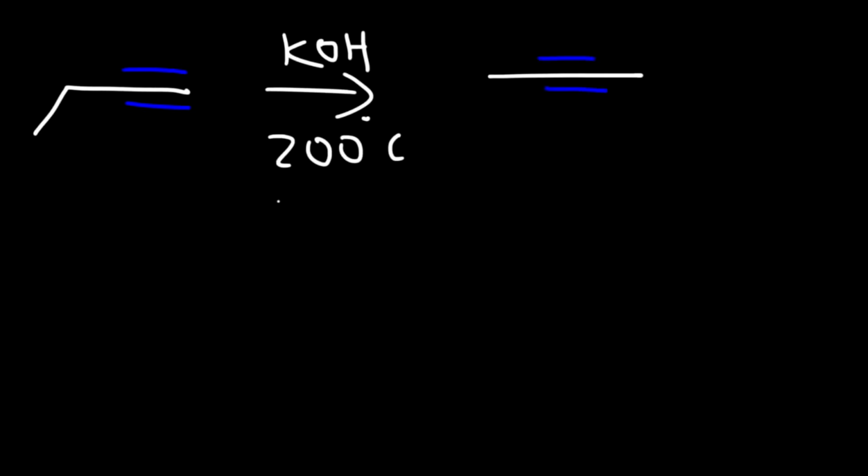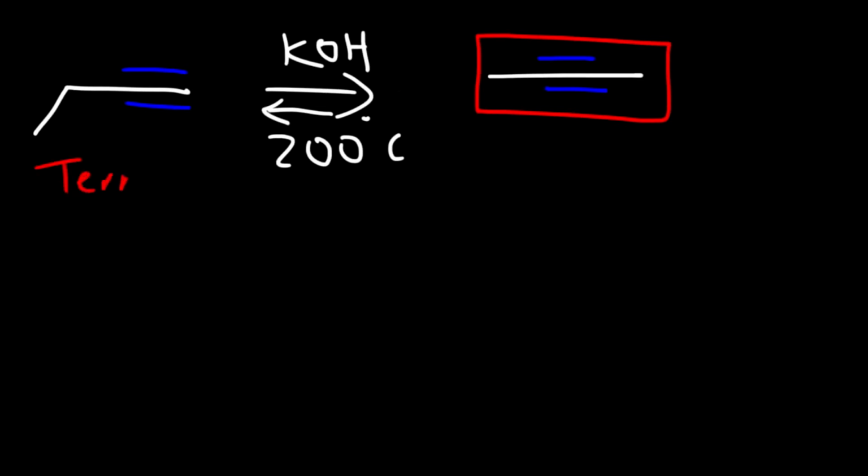These two actually exist in equilibrium. These reactions are reversible, but at high temperatures, the more stable alkyne will be the major product. And internal alkynes are more stable than terminal alkynes. So that's why potassium hydroxide at high temperatures will favor the internal alkyne.